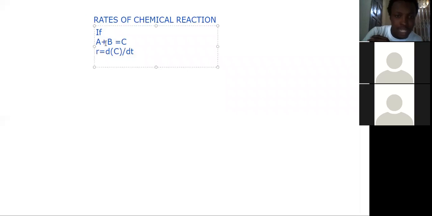Looking at this, you realize that these are the reactants, and this is the product, and so the rate at which the product is formed is given by R is equal to d[C]/dt, and this here is positive. Now let us also look at A and B. The rate at which A is consumed can also be given as R is equal to minus d[A]/dt. It is consumed, so we assume that it is negative because it is consumed.